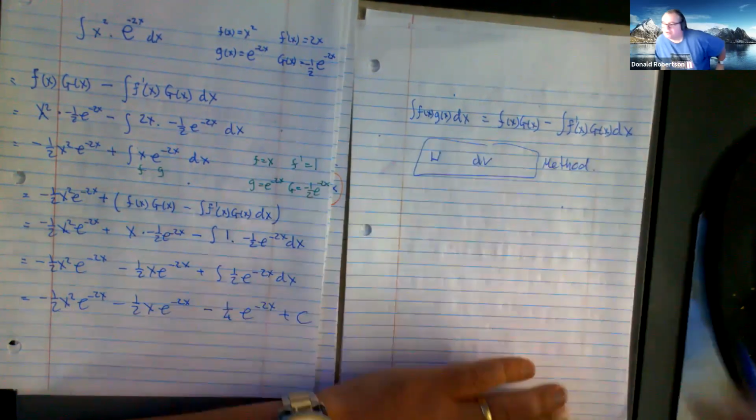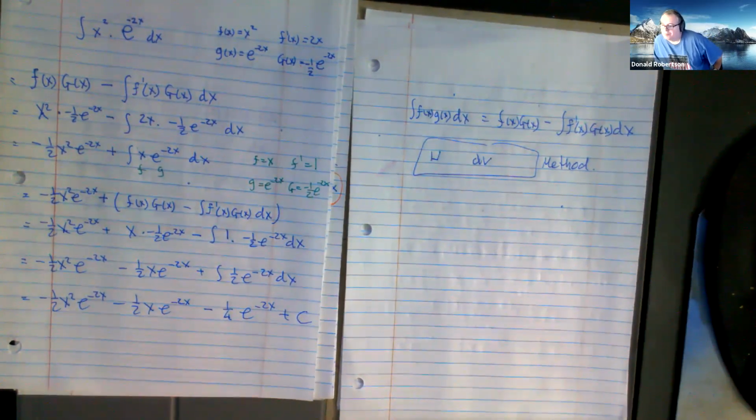And I don't teach it. Some people like it, actually. I know some professors that teach integration by parts by using the UDV method. Go look it up. If you like it, use it. I have no problems with it. It gets you the exact same answer.